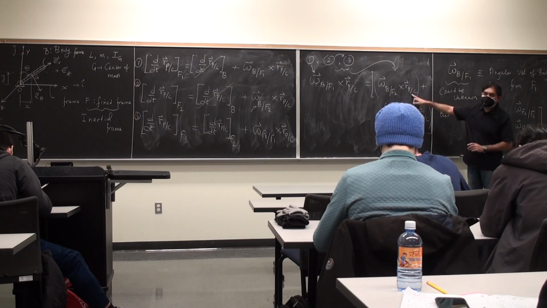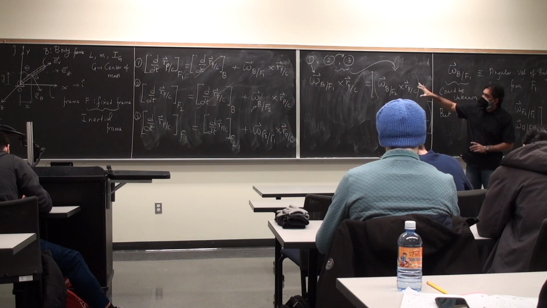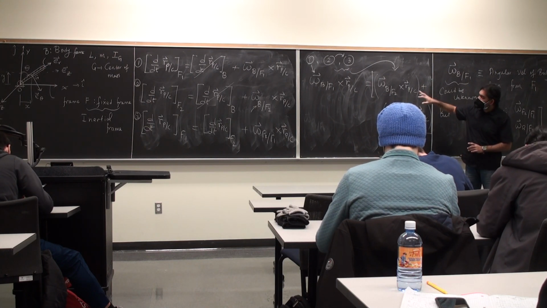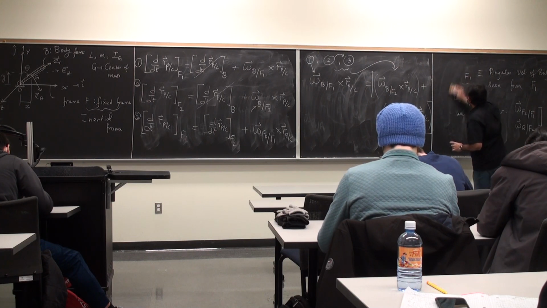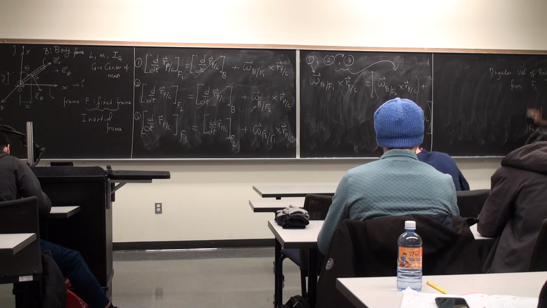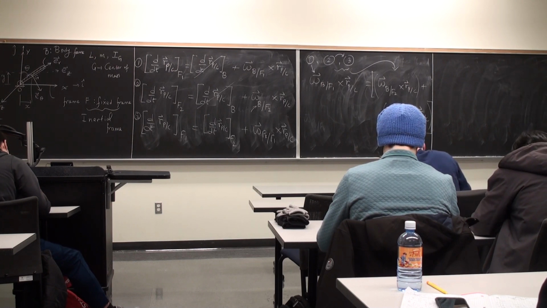This is an arbitrary vector, right? I can choose any 2 points on the body. If this equation is true for an arbitrary point, then the fundamental truth is the following. And this is called the addition of angular velocities.